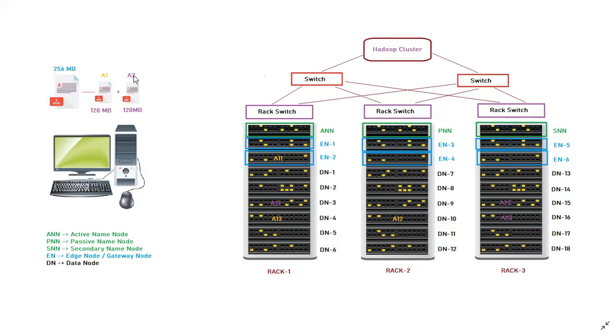As you know, the default replication factor in Hadoop is 3. When you send this data to the cluster, it will automatically divide, make replicas, and store them in different data nodes.